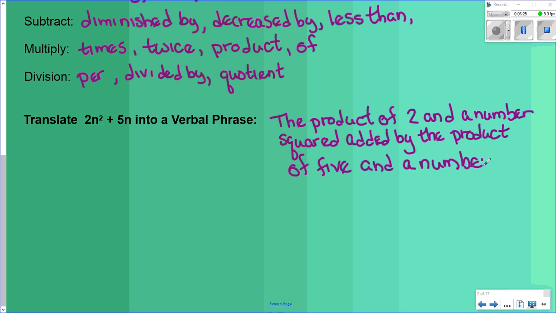That's one way of writing it. There are other ways that you can write it, as long as it's accurate and it matches up to what the algebraic expression was.